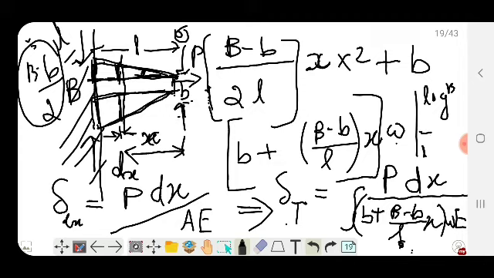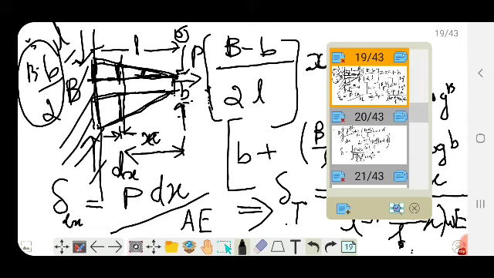Log b minus log b, next case x is 0, so log b, that will be giving you log b by b.